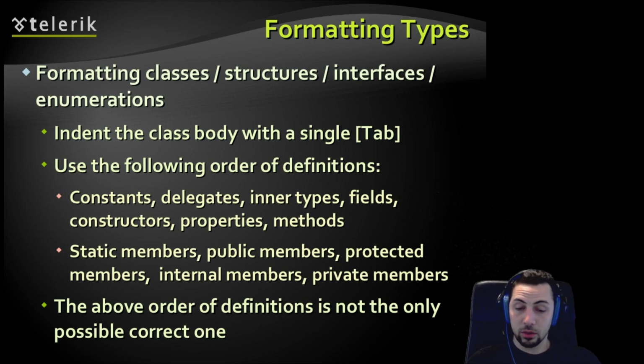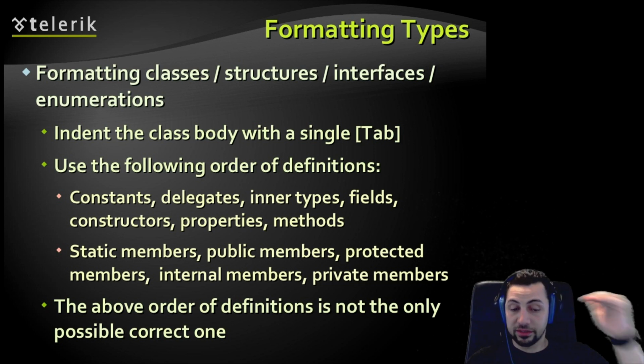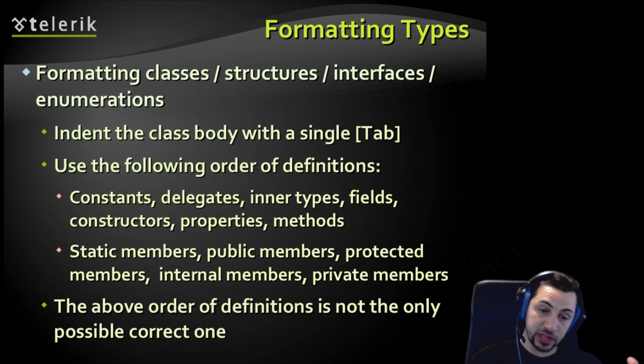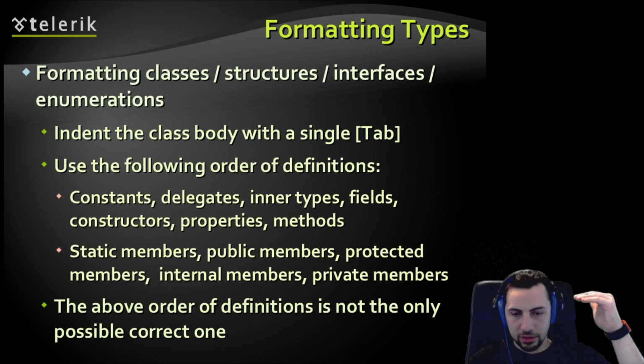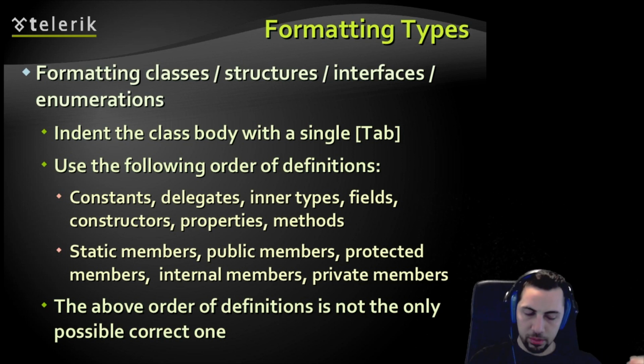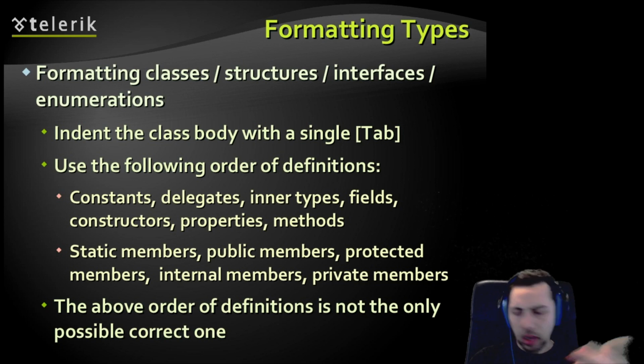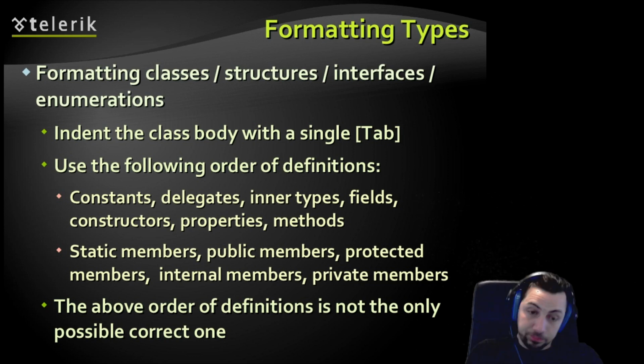And likewise, we almost always do static members, then public members, then protected members, then internal, then private. Typically, we only have either static or public or private or protected. There are other ways to do that. It's not the only way to do it. It's not going to yell at you if you don't do it this way, but keep it consistent.